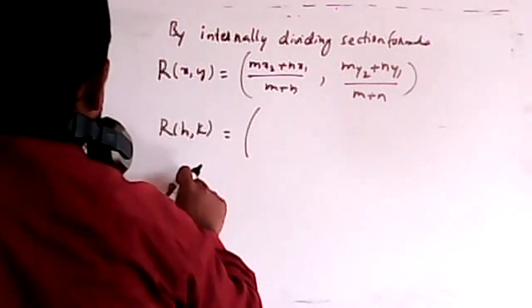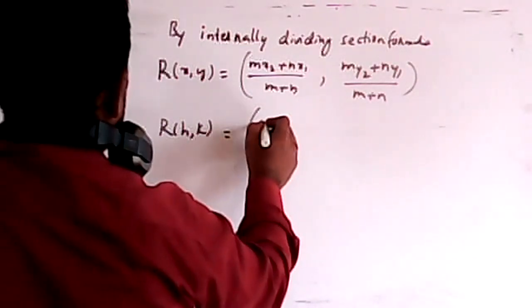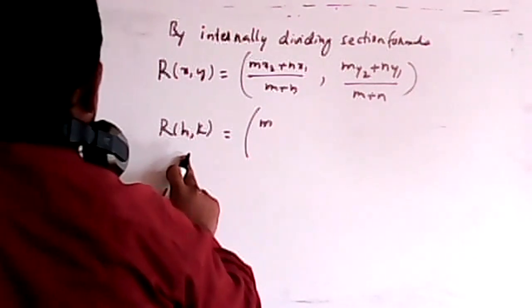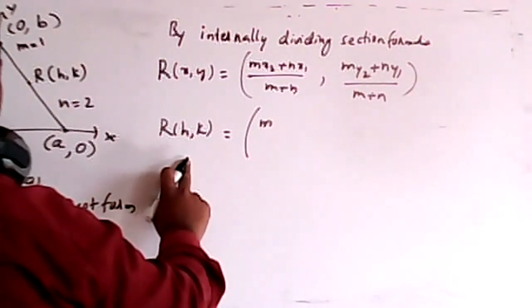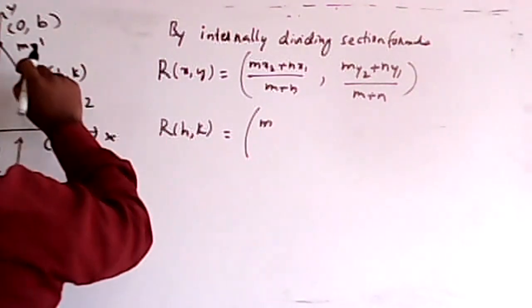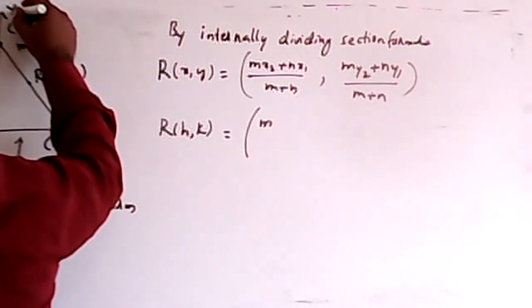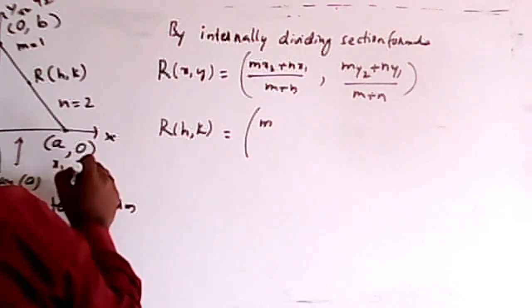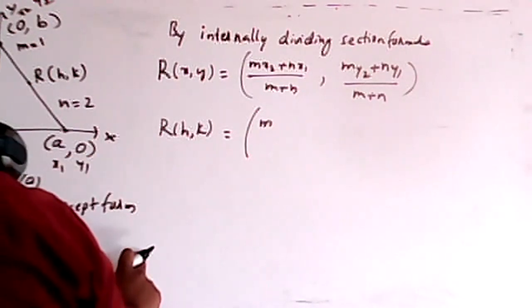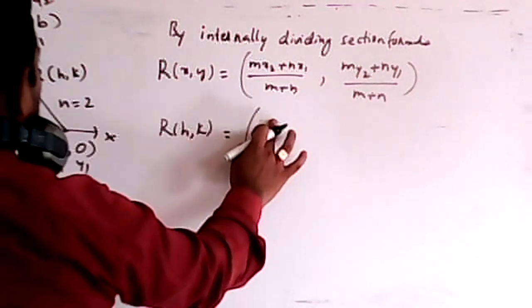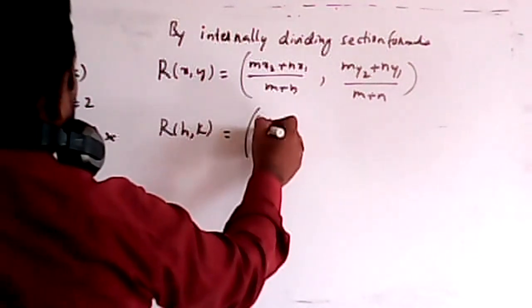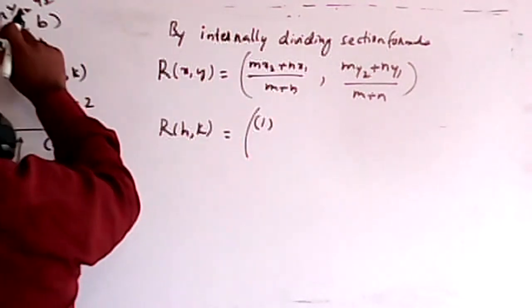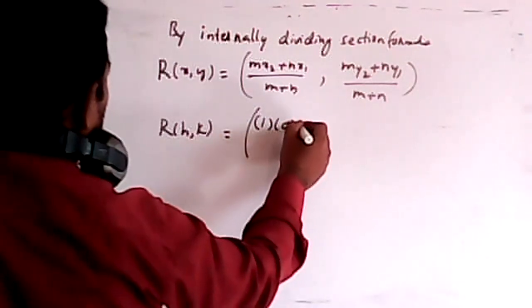Then I'll write m here, x2, here it is x2, y2, here it is x1, y1. m they have given as 1, and x2 is 0.